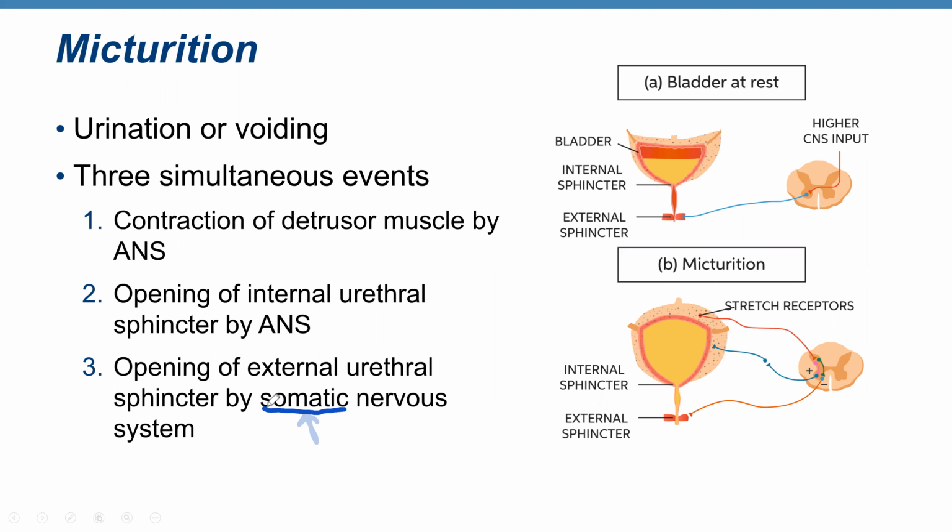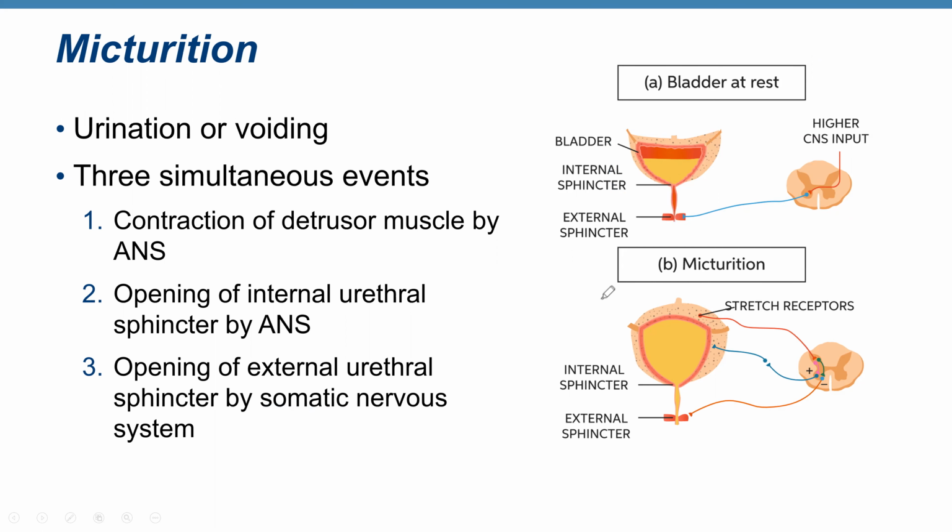Somatic nervous system means that's under your voluntary control. So here's a urinary bladder at rest. Here you have the bladder, the internal sphincter, and the external sphincter, right? And your central nervous system innervates your external sphincter and keeps it contracted. So if it's contracted, obviously you don't pass urine.